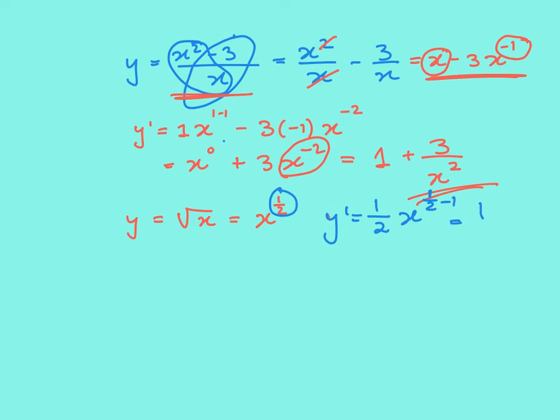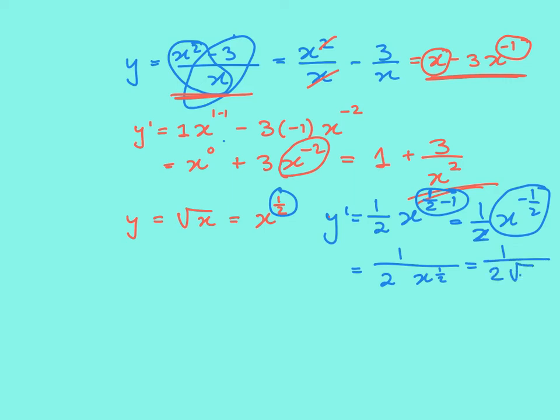It's going to give me what? Half x, half take away 1 is negative half. Again, you can rewrite this and put this in the denominator, and you're going to have 2 x to the power of positive half, or you can have 1 over 2 square root of x.